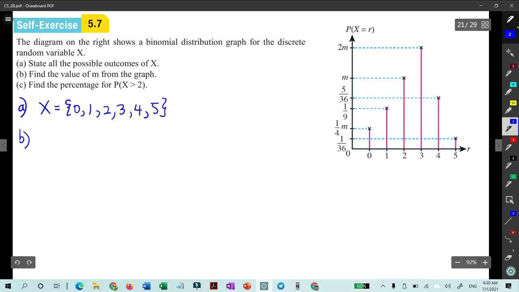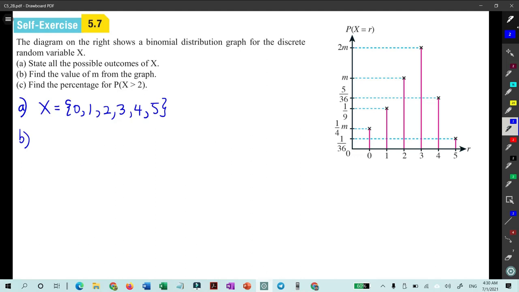Okay, next, section B, find the value of m from the graph. So we know that the value on the vertical axis actually represents the probability, and if you sum up the height of all these lines, we get the total probability, which equals 1.